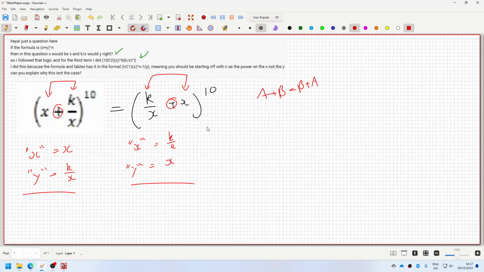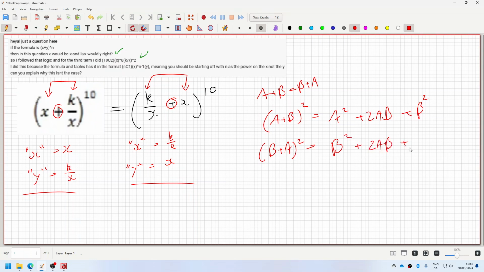Let's just look at a smaller example. So if I said a plus b squared, that would be a squared plus 2ab plus b squared. And if I said b plus a squared, that's equal to b squared plus 2ab plus a squared.